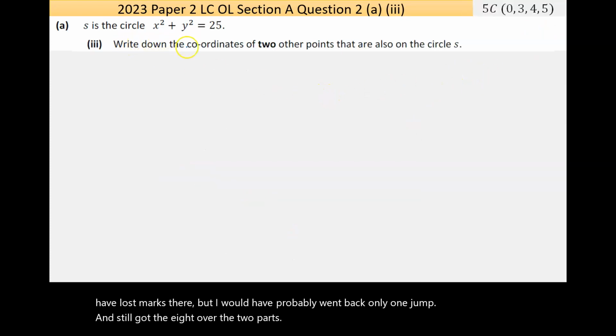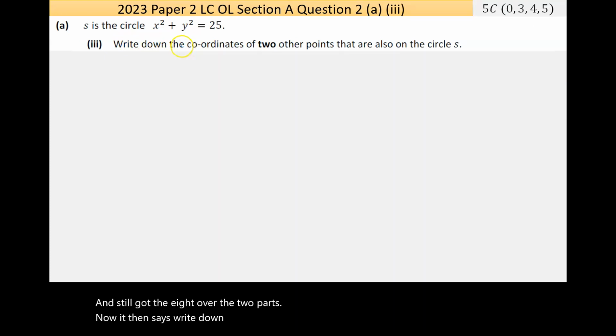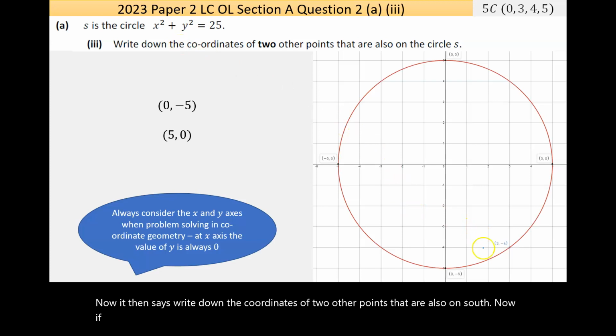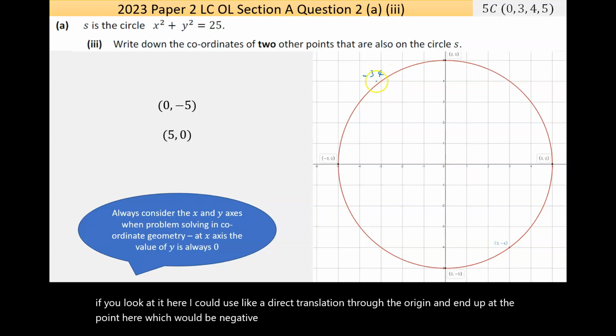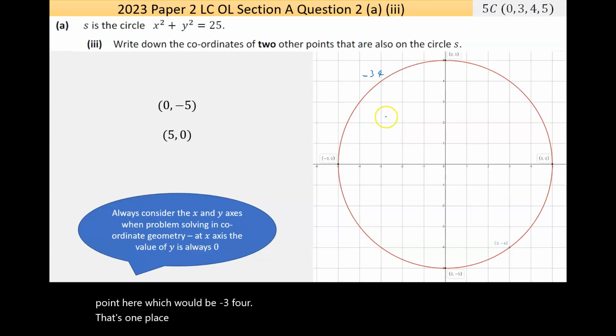Now it then says write down the coordinates of 2 other points that are also on S. If you look at it here, I could use a direct translation through the origin and end up at the point here, which would be negative 3, 4. That's one place. Or I could look at it from the perspective that this circle's center is 0, 0, and it goes 5 units in every direction.